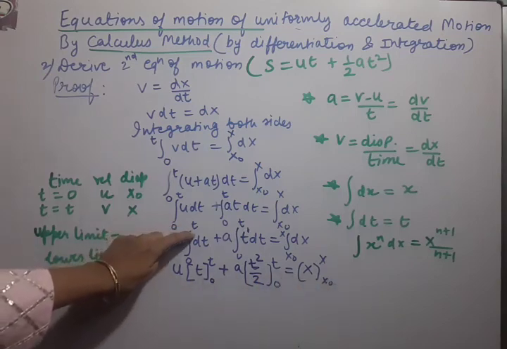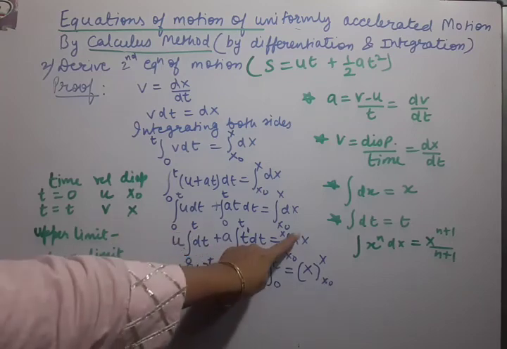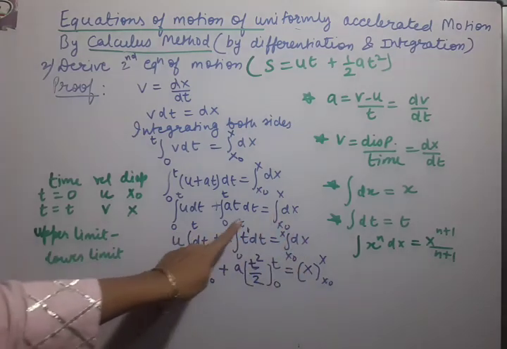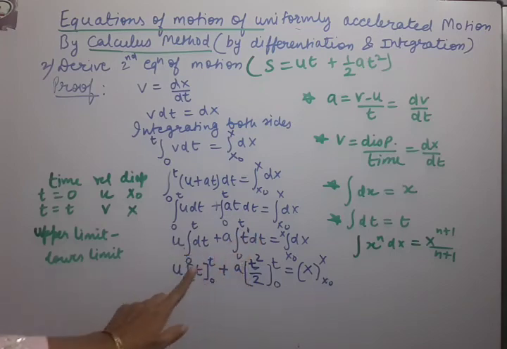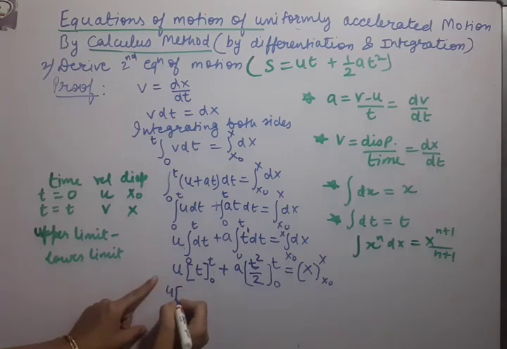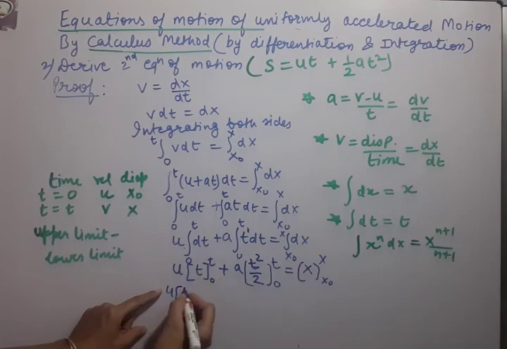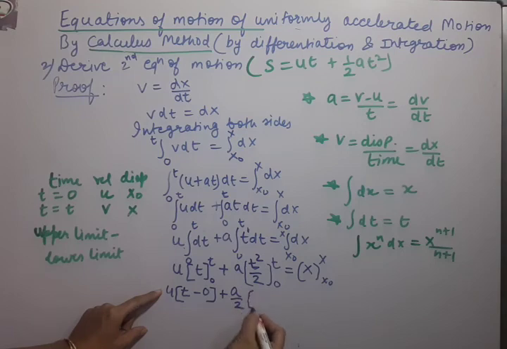So integration of only dt is t, integration of only dx is x, and integration of t dt is t square by 2. Now the next step is to put limits. Limits: u outside. In place of t, put upper limit t, put minus sign, in place of t put 0, the lower limit. Then a, this 2, take it outside.